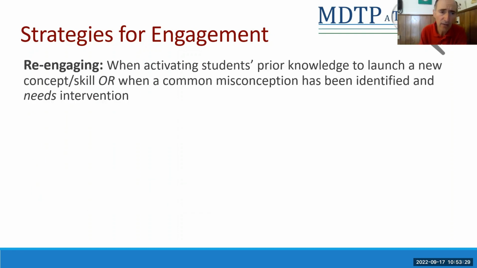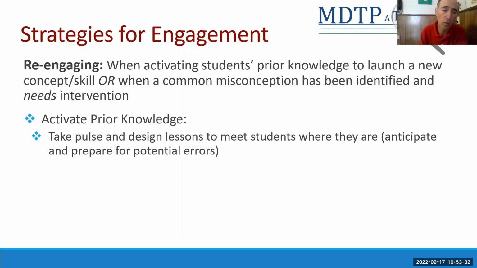And again, for re-engagement, there's two kinds, right? When you're activating prior knowledge so that you can go to a new concept, make sure that you meet the students where they are. So you take pause, make sure that you know the students are with you, and you know at what level you're going to have them advance this knowledge. Okay.